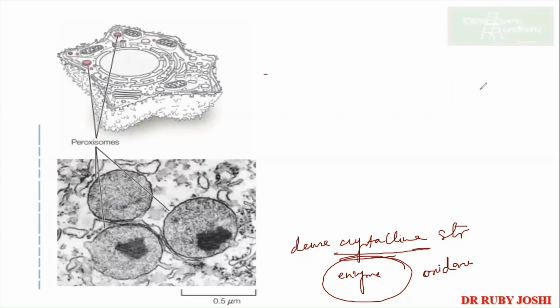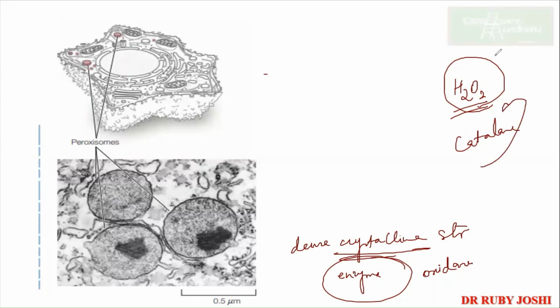Whenever any metabolic reaction is taking place inside a cell, inside a tissue, there are chances that depending on the substrate, sometimes peroxide is also generated, and we know that this is harmful. So enzymes like catalase and the other oxidases come and convert this into oxygen and water.